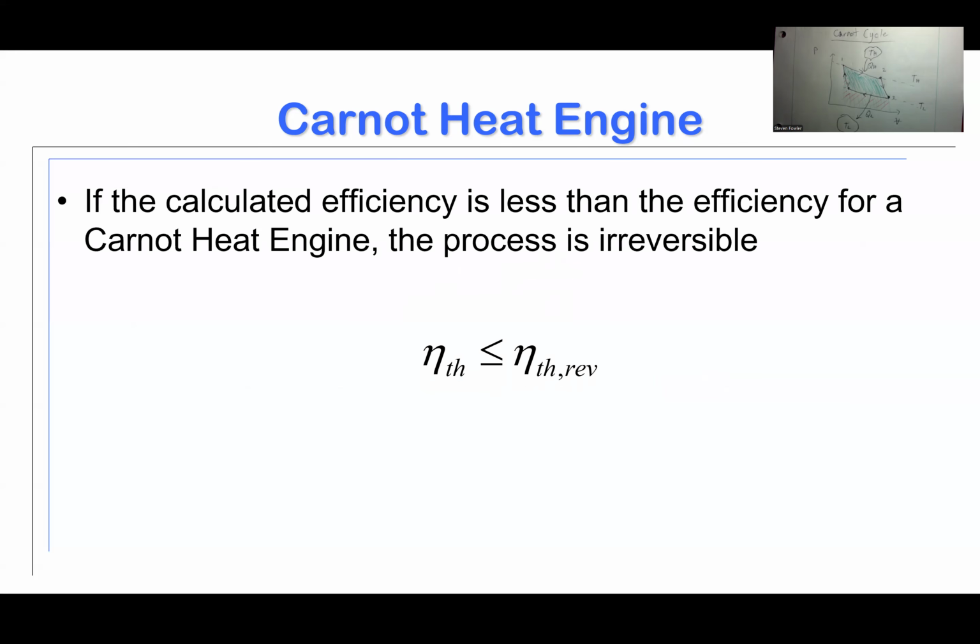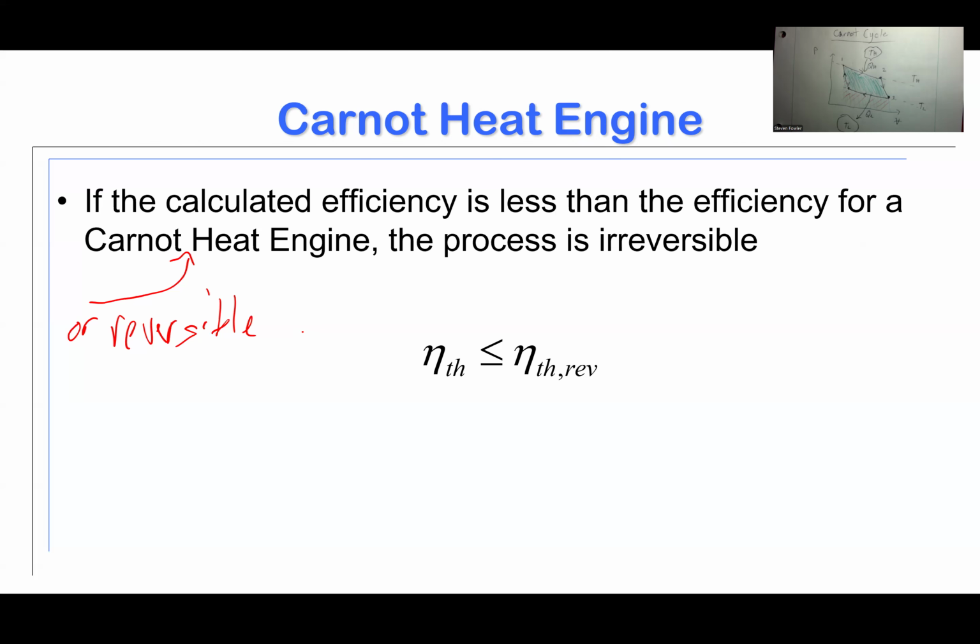If the calculated efficiency is less than the efficiency for Carnot or any reversible engine, it doesn't have to be Carnot, it just has to be reversible. So any reversible engine, if we have an efficiency that we calculate and it is less than the efficiency of that reversible device, we have an irreversible device.